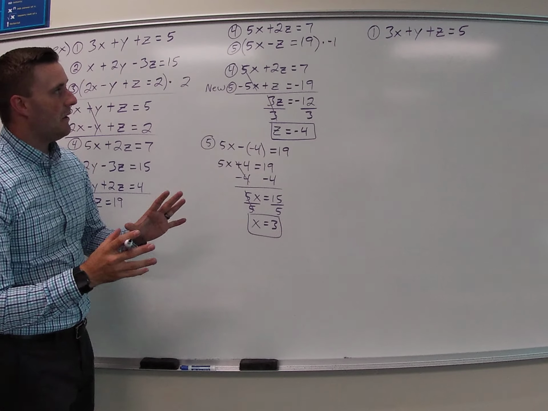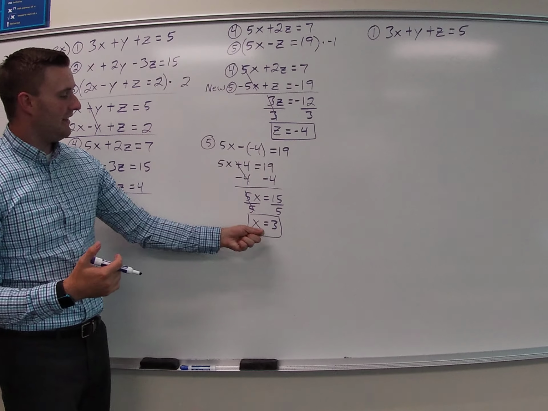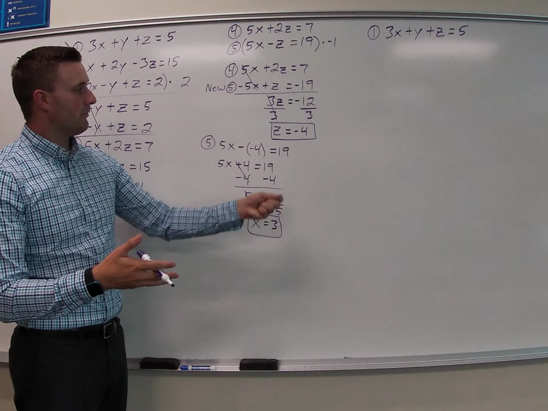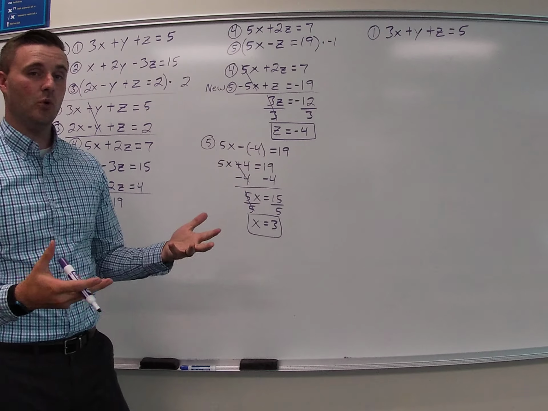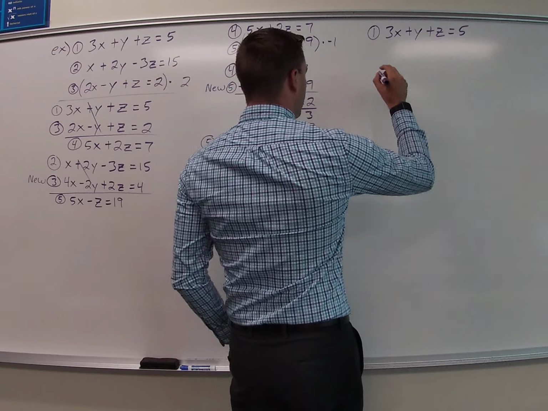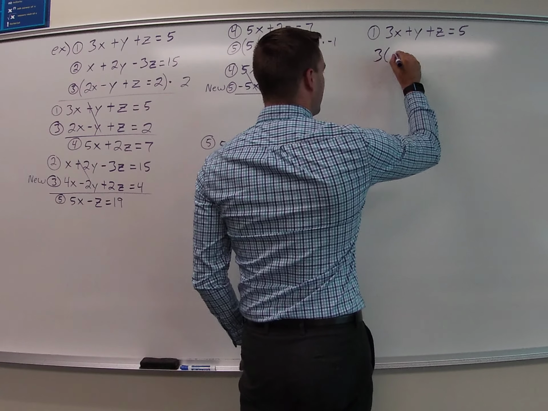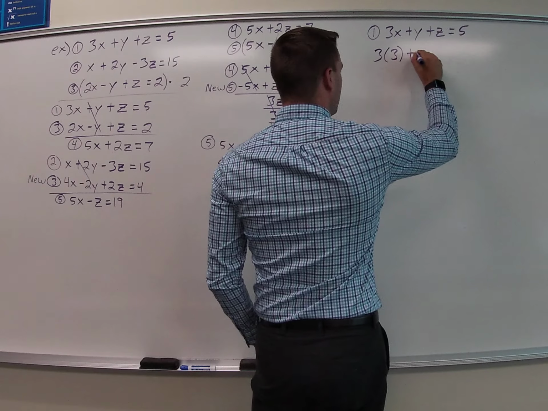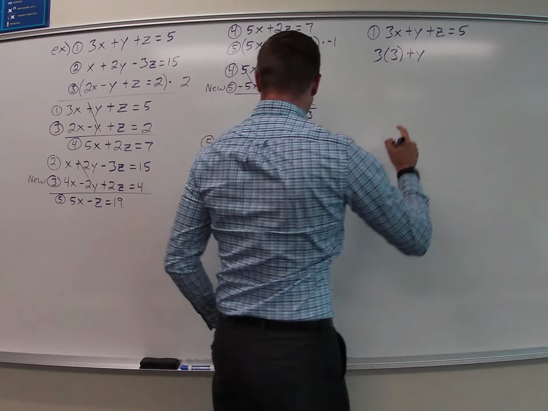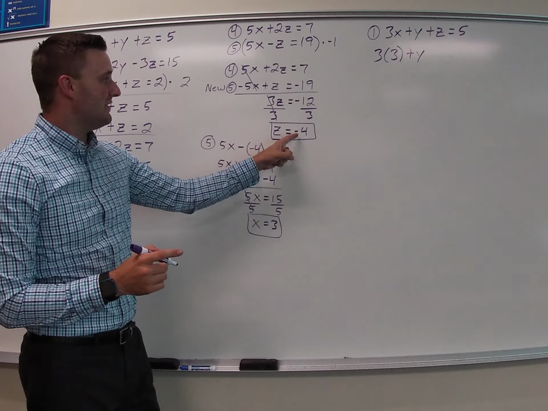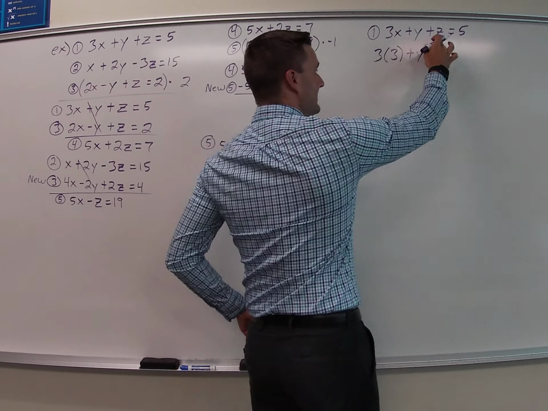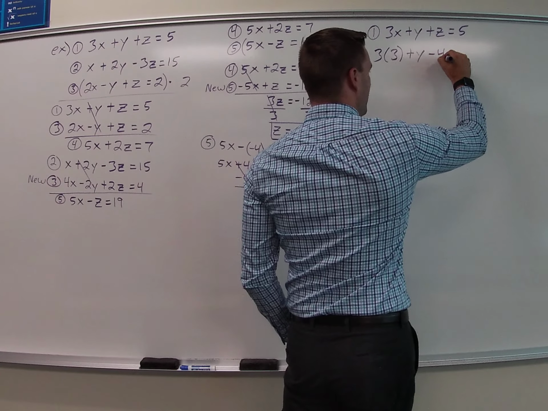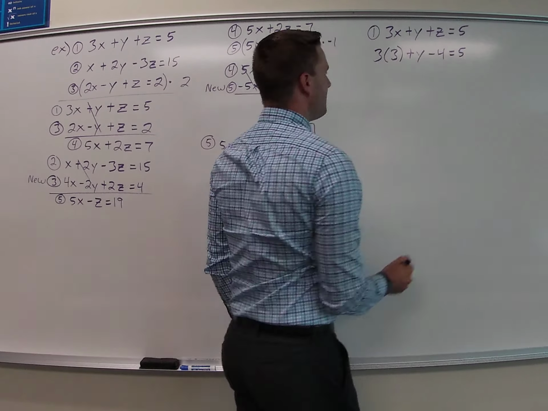Now, I want to substitute or replace everywhere I have an x with a 3 and everywhere I have a z with a -4. So let's see what that looks like. I'm going to replace everywhere I have an x with a 3, so 3 times 3 plus y. Now plus z, I'm going to replace everywhere I have a z with a -4. So this z just becomes -4 equals 5.